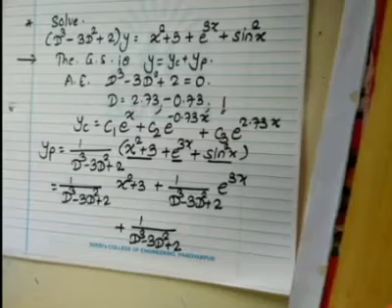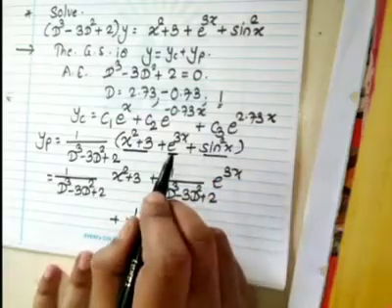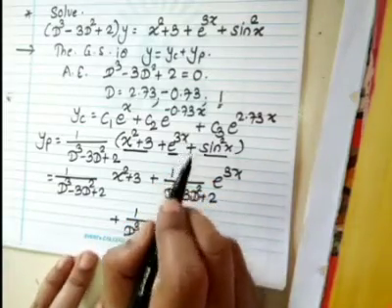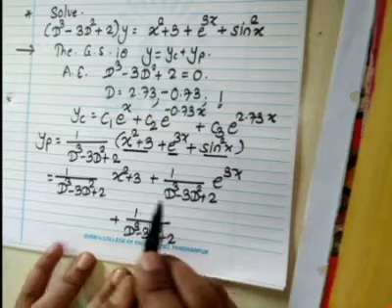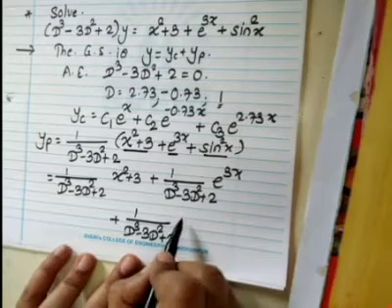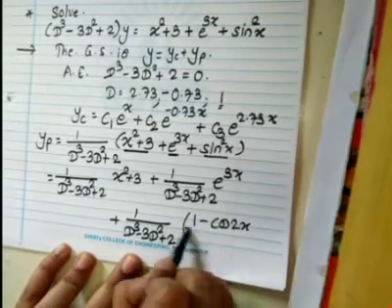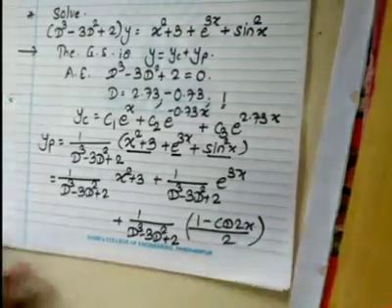And what should I write for sine square x then? As we cannot solve sine square, what is the formula? 1 minus cos 2x by 2. Yes, 1 minus cos 2x by 2. Then only we can solve.